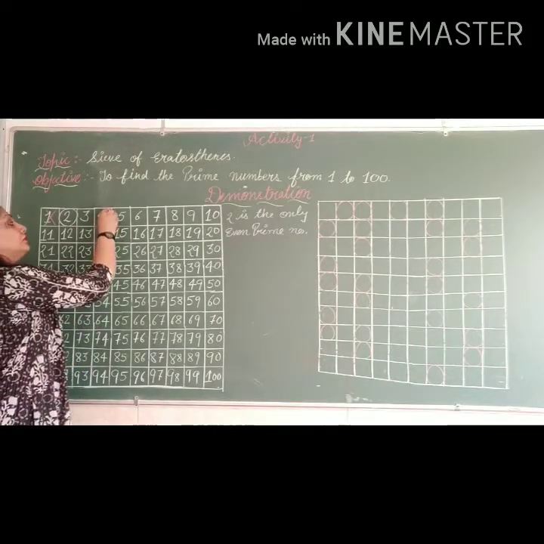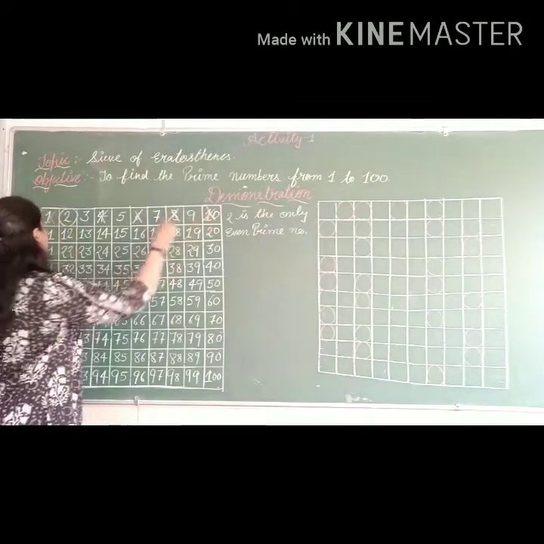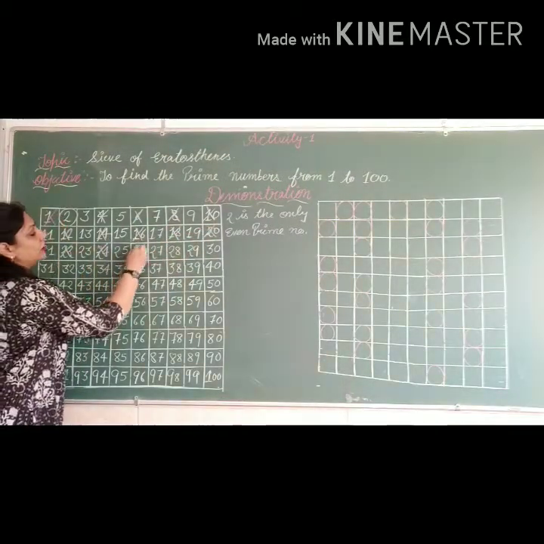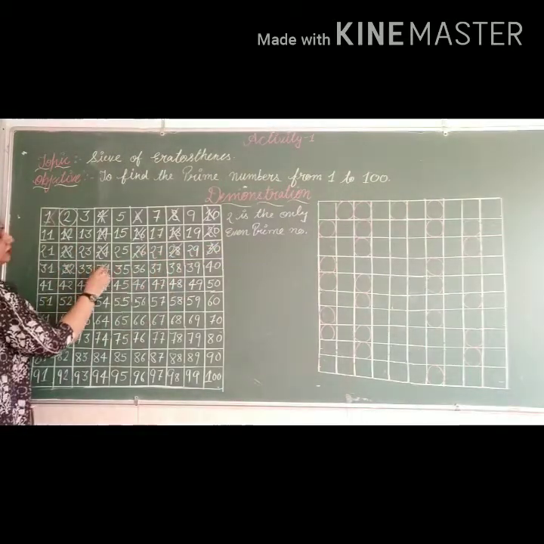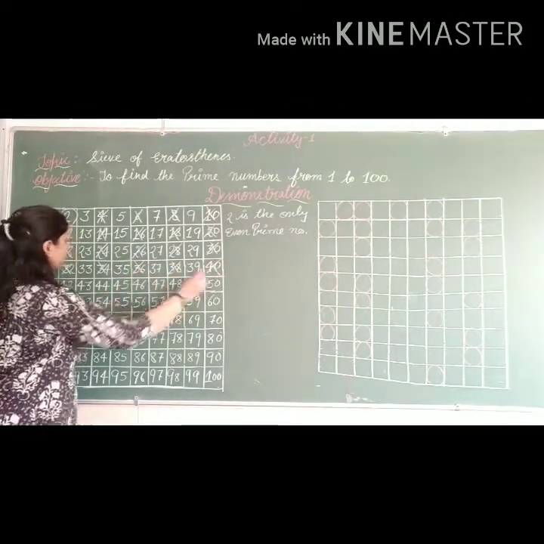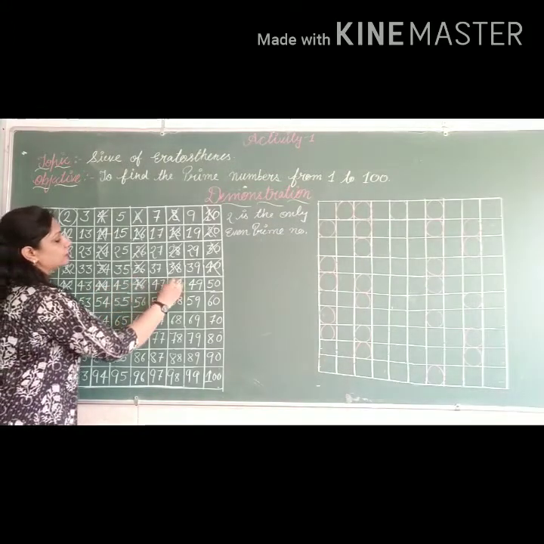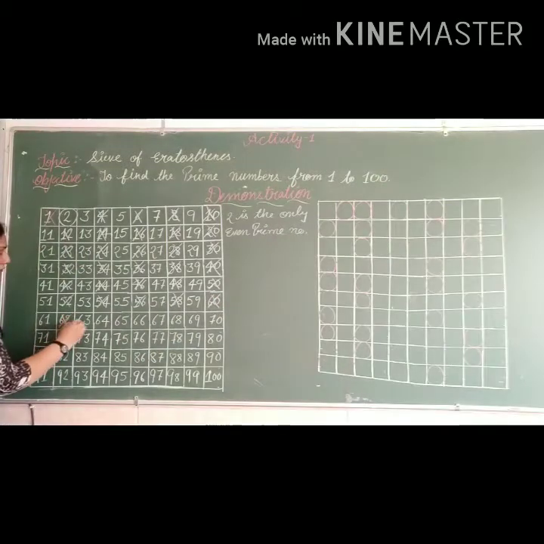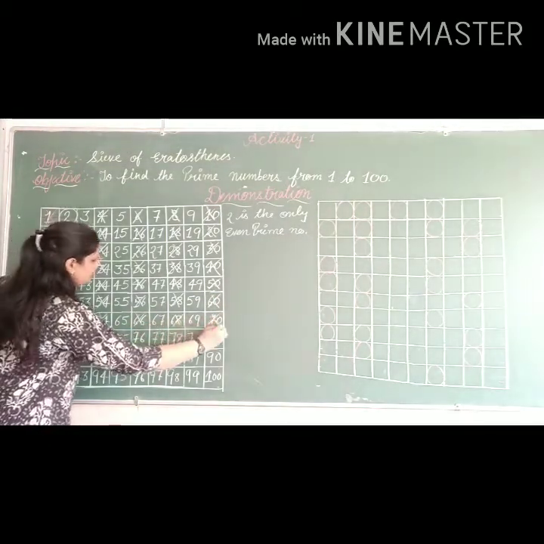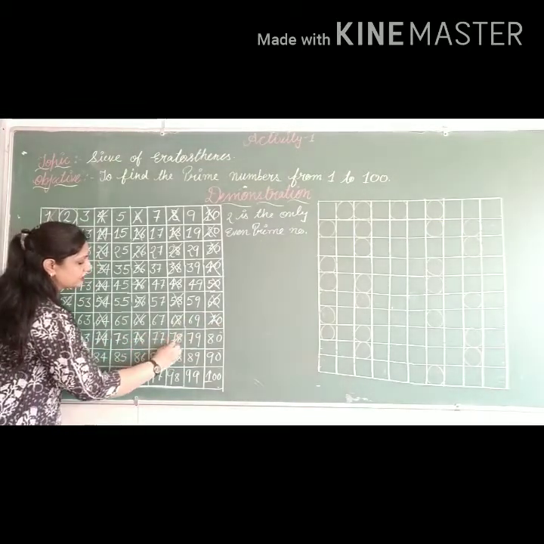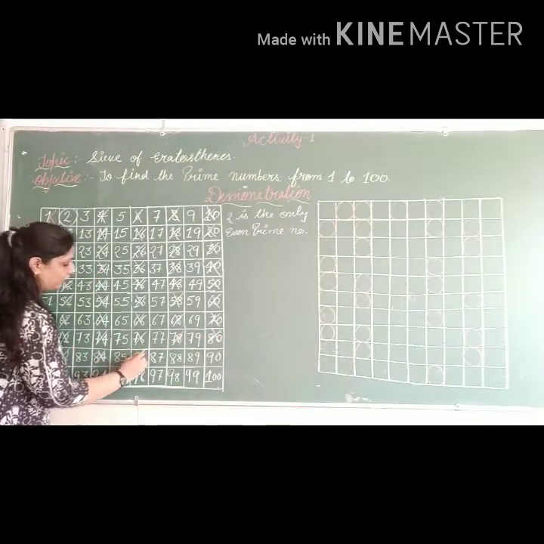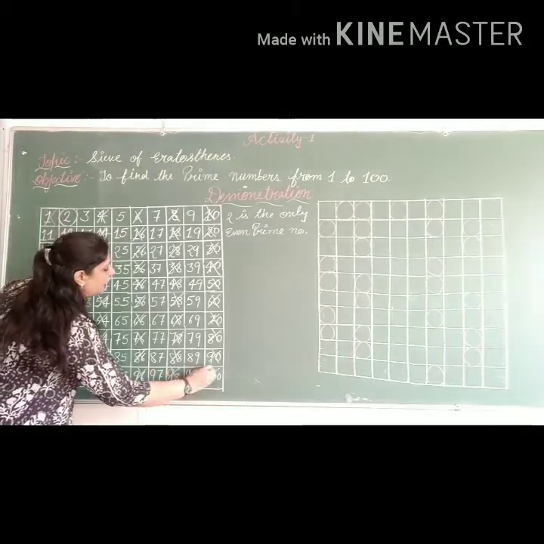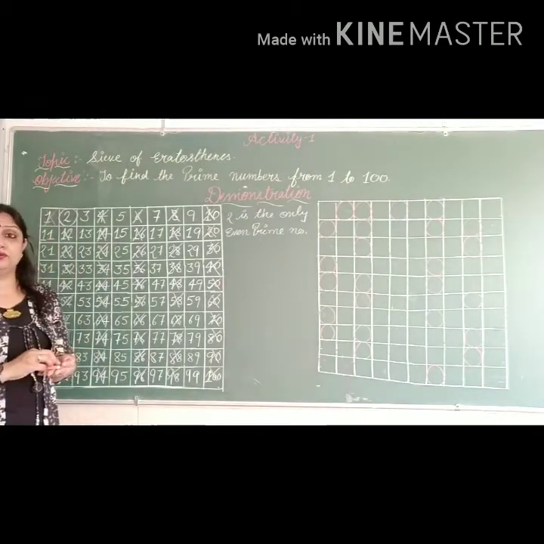Let us cross all the multiples of 2: 4, 6, 8, 10, 12, 14, 16, 18, 20, 22, 24, 26, 28, 30, 32, 34, 36, 38, 40, 42, 44, 46, 48, 50, 52, 54, 56, 58, 60, 62, 64, 66, 68, 70, 72, 74, 76, 78, 80, 82, 84, 86, 88, 90, 92, 94, 96, 98 and 100. Yes, I have crossed all the multiples of 2.